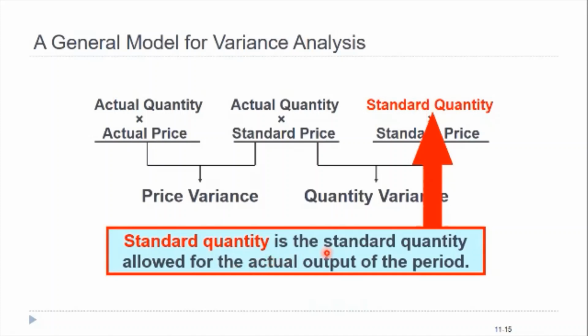The standard quantity is the standard quantity allowed for the actual output of the period. Okay, this doesn't really say anything. Standard quantity is the quantity allowed for the actual output of the period.